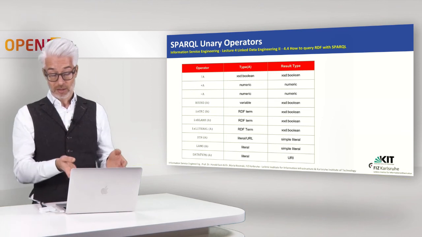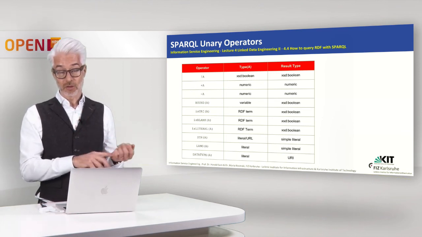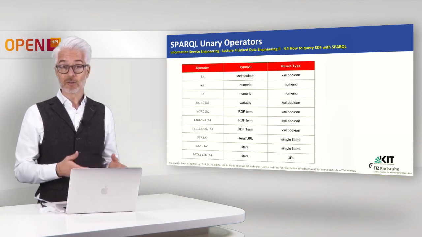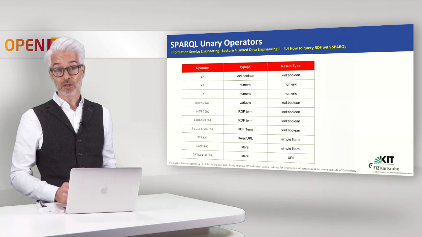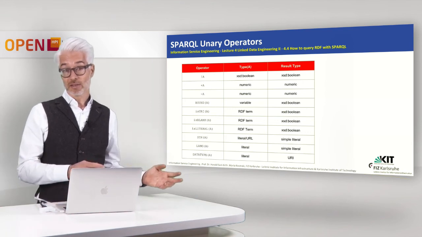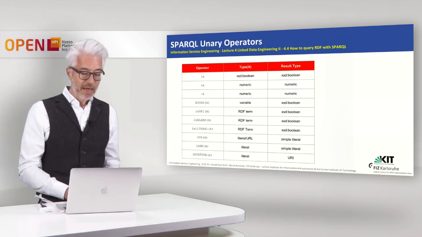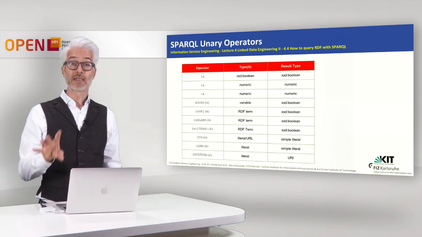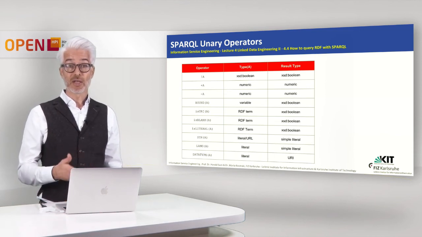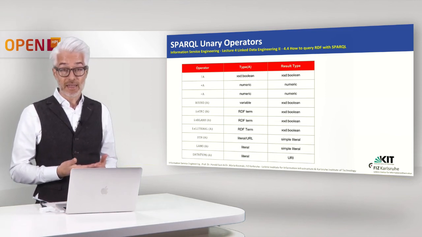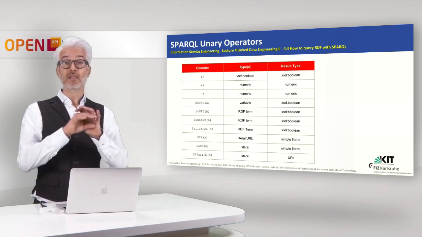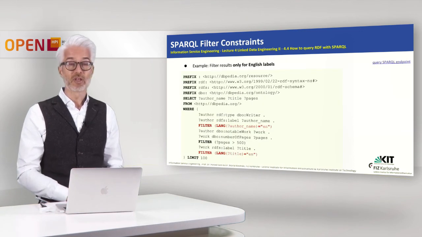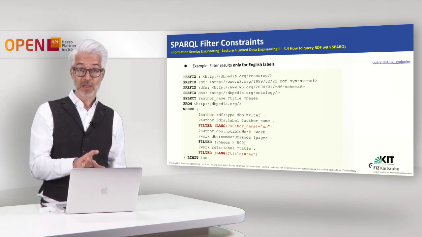We have seen many strings here, for example, defined as English or Spanish, Polish, Japanese, and so on inside DBpedia. This could be interesting to filter out specific languages or to compare specific strings in specific languages. And not only the language is interesting information, also the data type. For typed literals, I can always extract the according data type, and the result will be given as the URI of that data type. So these are the so-called SPARQL unary operators. And in the next slide you see how they can be applied.